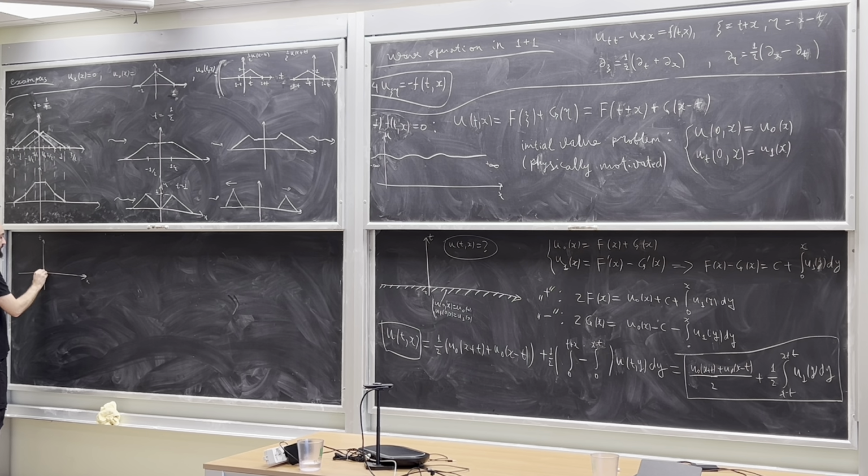So we have two lines, x equals t and x equals minus t, and there are these two maxima that go in different directions with the speed of light or of sound. So these lines are called characteristics.